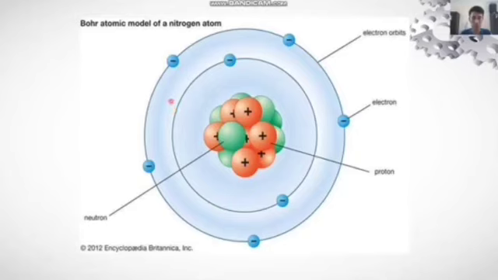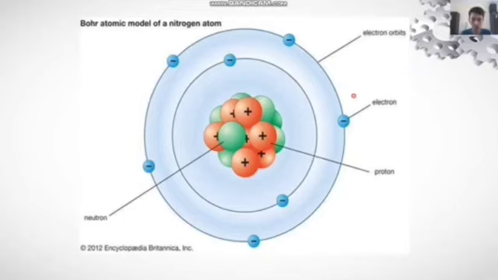Atoms consist of a positively charged nucleus surrounded by negatively charged electrons in a path. Electrons can move from one path to another by absorbing or emitting energy. If it moves to a higher path, the electron will absorb energy.